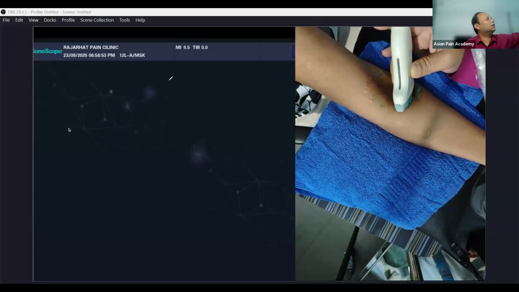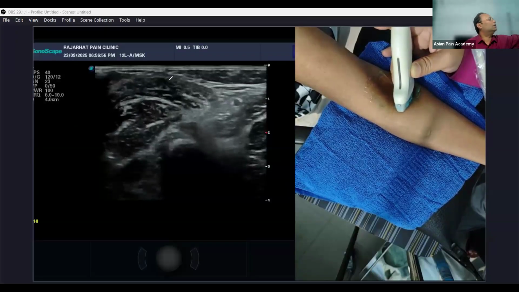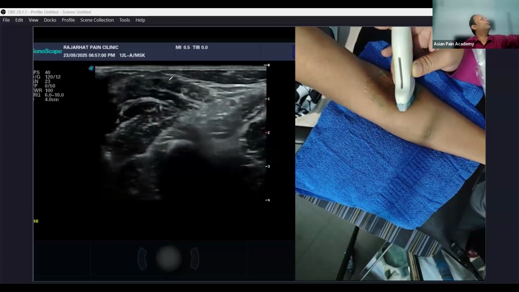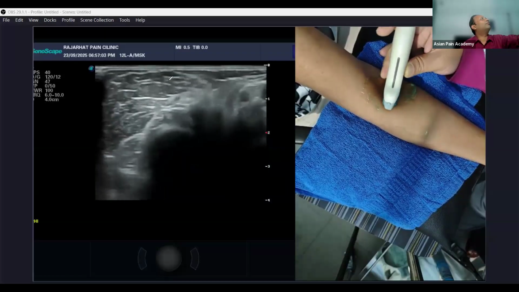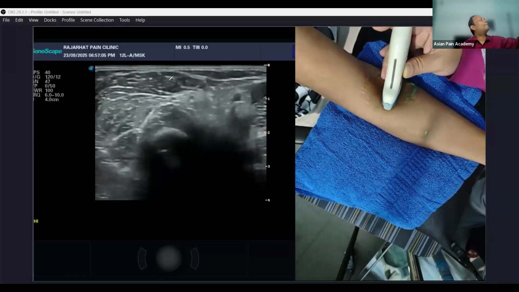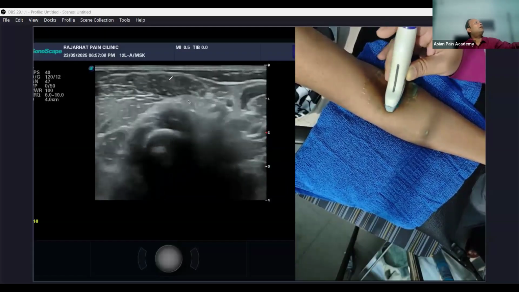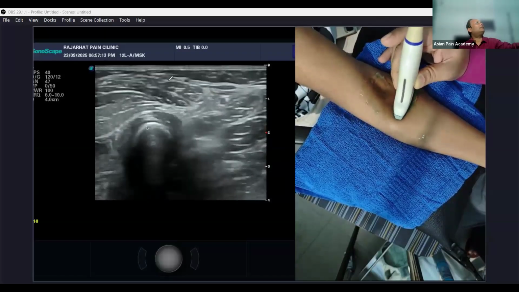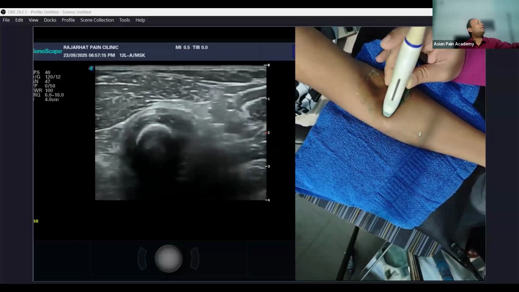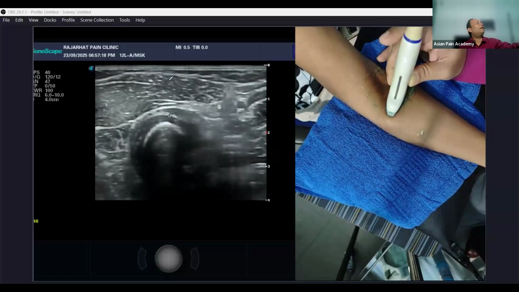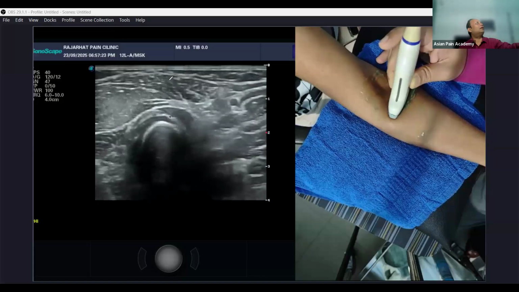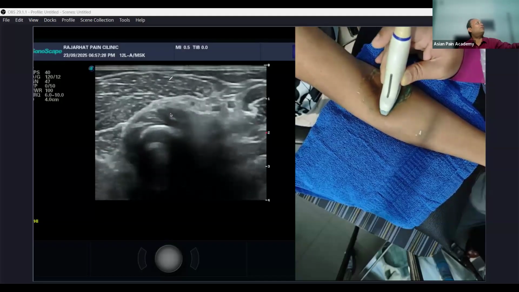Anyway, this is the radial nerve, this is the radial head, and this is the supinator. Within the supinator, you can see one white line. This white line is nothing but the deep branch of the radial nerve.